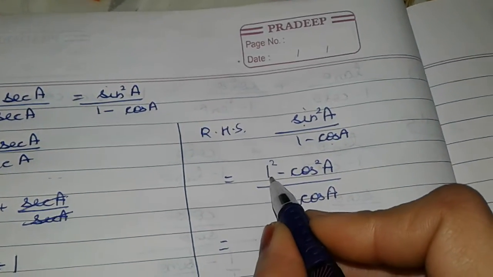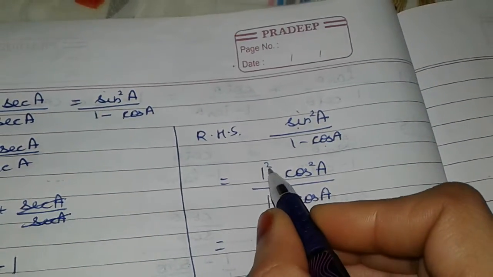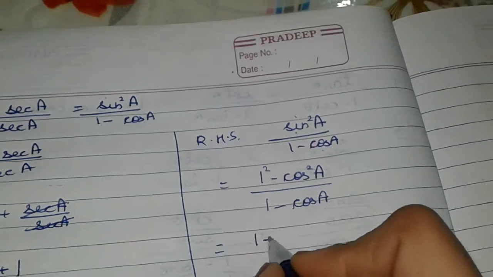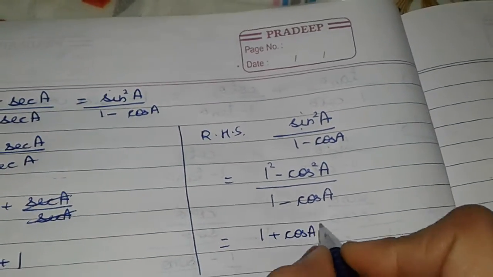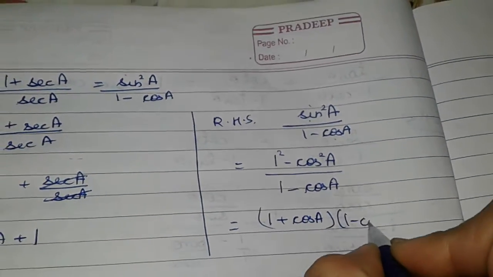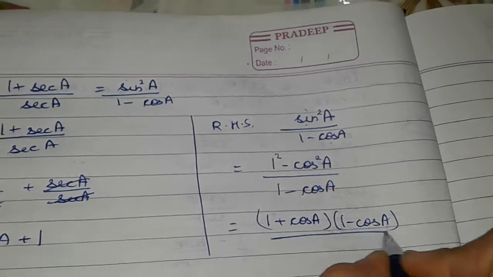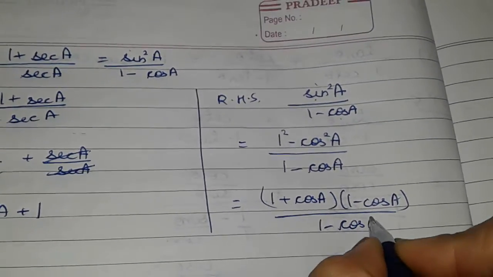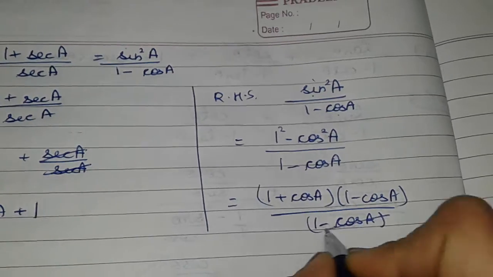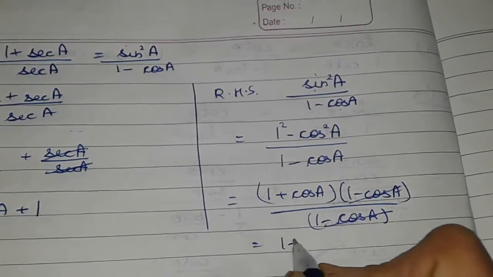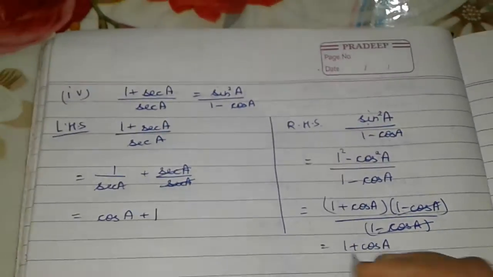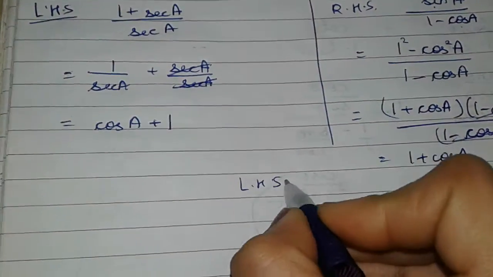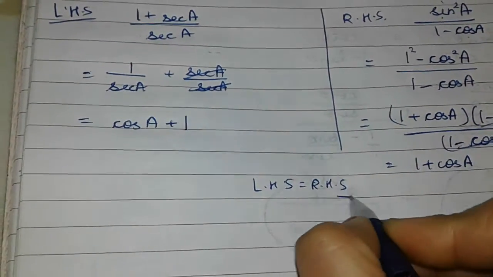Now the formula used here is a square minus b square. Here it will be (1 plus cos a), that is a plus b, (a minus b) upon (1 minus cos a). Now this 1 minus cos a will be cancelled out and it will be 1 plus cos a. Now left hand side is equal to right hand side, hence proved.